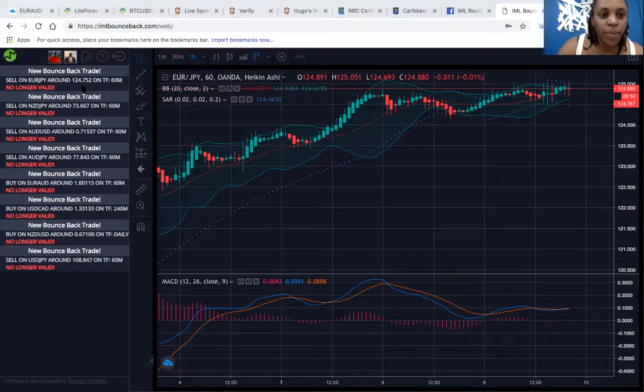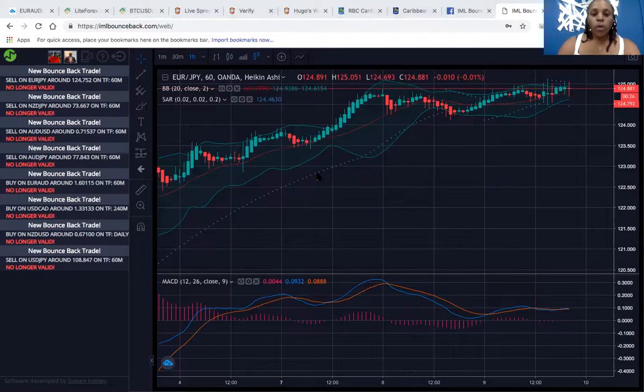Today we had Euro JPY, sell Euro JPY around 124.752, right? On time frame 1 hour. So once you click on the trade, the 1 hour time frame and everything will show up here. So you don't actually need to go and look for the 1 hour chart. It will direct you straight to the 1 hour chart, right?